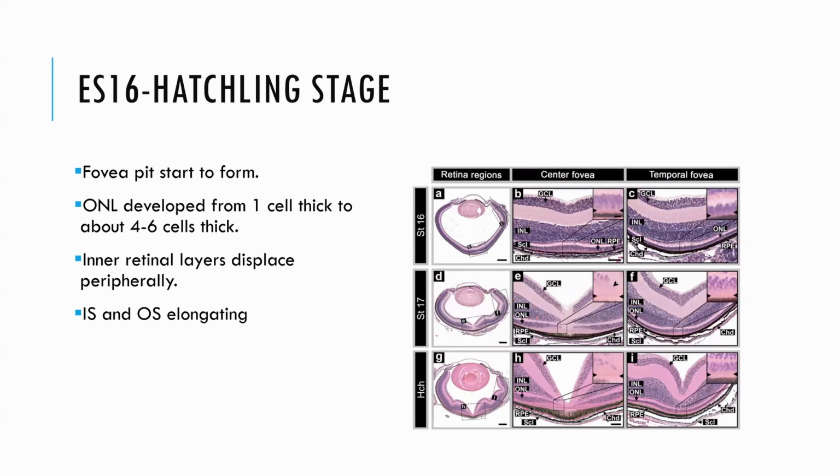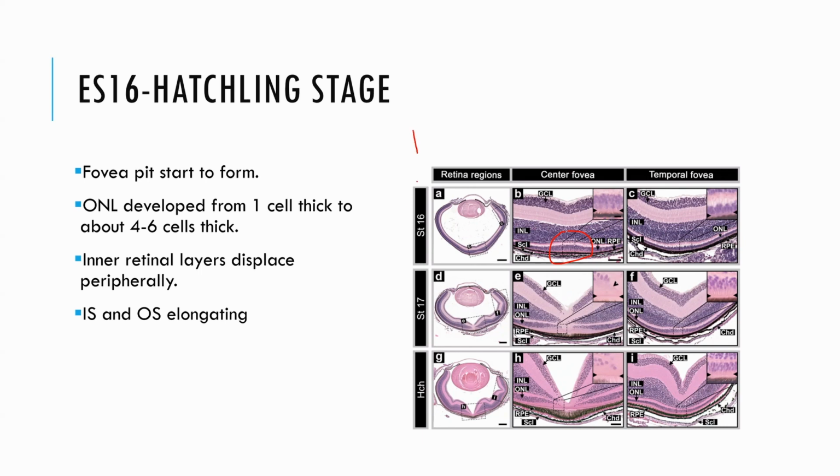Then at embryonic stage 16, the formation of the fovea depression becomes slightly significant. What is more, the outer nuclear layer developed from 1 cell thickness to approximately 4 cell thickness in this figure B here. More and more photoreceptors start to develop, and because the central fovea needs to have a really high density of cones, the inner retinal layers need to undergo a displacement process to provide more space for the cones to develop and grow.